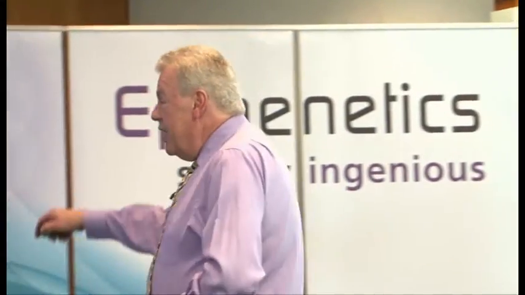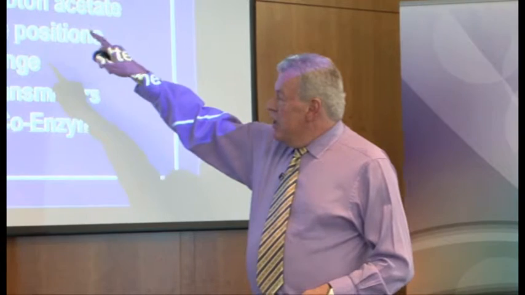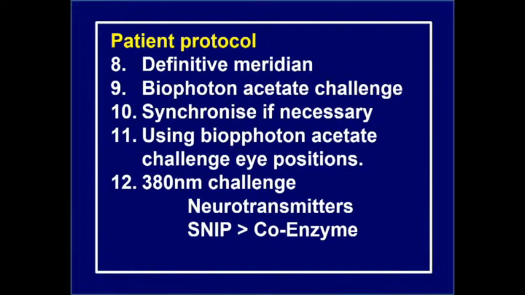All right, so we're going to find out what the problem is by the eye positions, and then we're going to find out, obviously, how to treat it. And we're going to use a particular acetate wavelength of 380 nanometers, which was found by Fritz Popp, a physicist in Germany in the 1970s, not Karl, to find out the polymorphisms within a person.